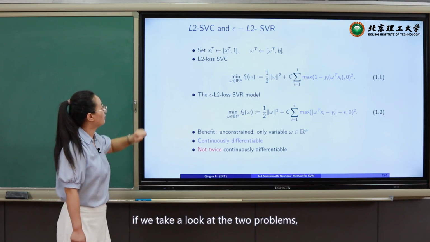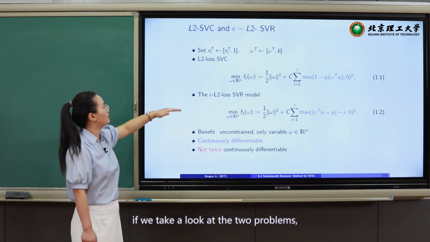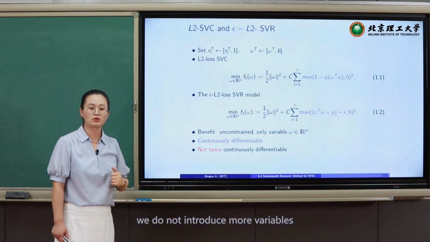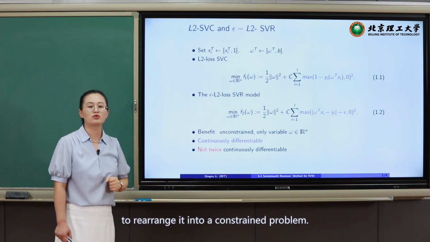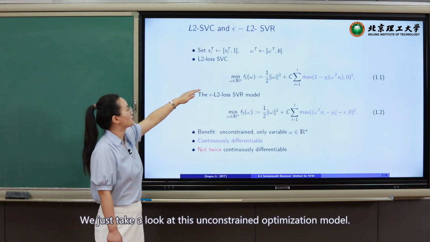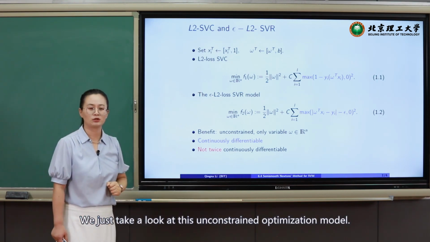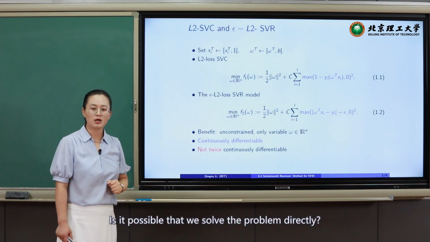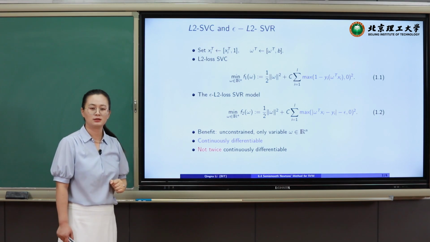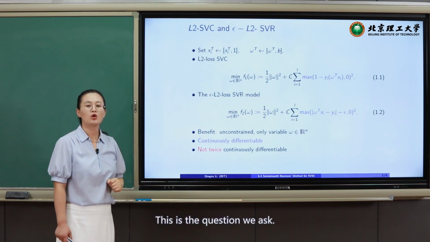Now, if we take a look at the two problems, we do not introduce more variables to rearrange it into a constrained problem. We just take a look at this unconstrained optimization model. Okay, so is it possible that we solve the problem directly? All right, so this is the question we ask.